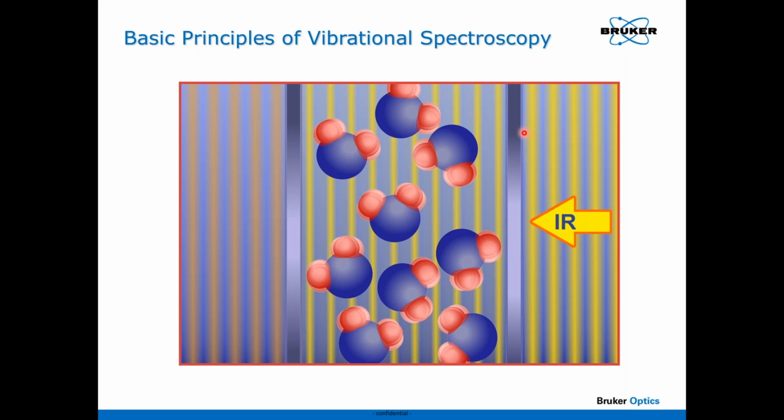Otherwise you start saturating. Now, what does that mean? It means that the molecules in this case on the left actually are not seeing much of the incident light because the molecules before it, being impinged upon by the infrared light, absorb too much. So that breaks down Beer's law also.